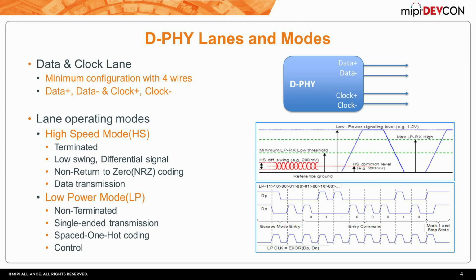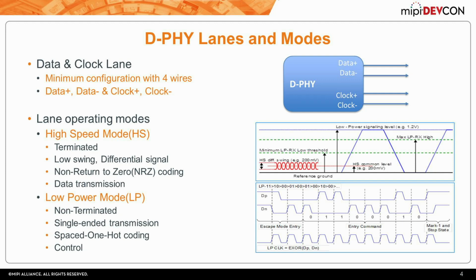So what is the minimum configuration of a D-PHY line? D-PHY, as a few of you might know, is a forward clock system. At a minimum, it needs one data lane and one clock lane. So there is a minimum of 4 wires: data positive, data negative, clock positive, and clock negative.